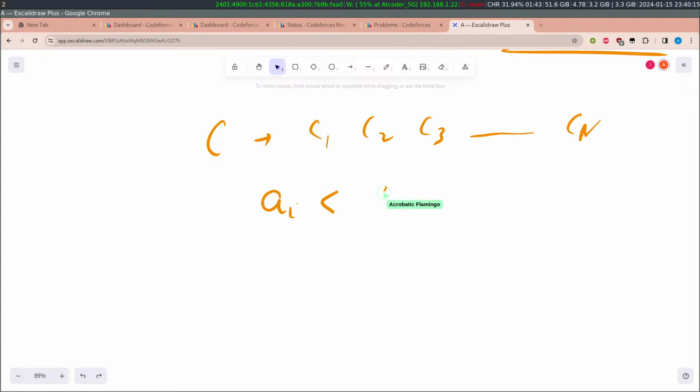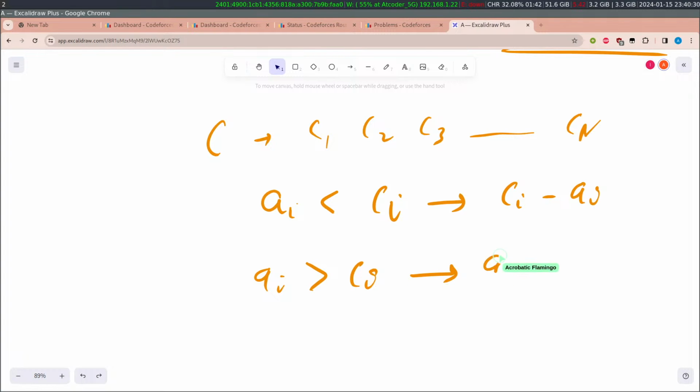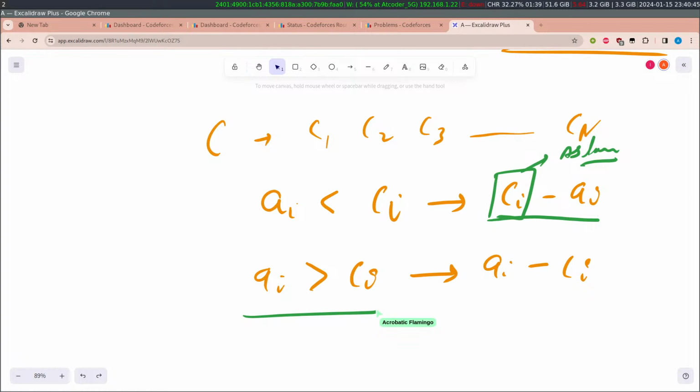Either Ai is greater than Ci, in which case the value of difference would be Ai minus Ci, or Ci would be greater than Ai, in which case our absolute value would be Ci minus Ai. Because our A's are fixed, what we can do to increase the value over here is take C as large as possible. And the idea here was we should take C as small as possible.